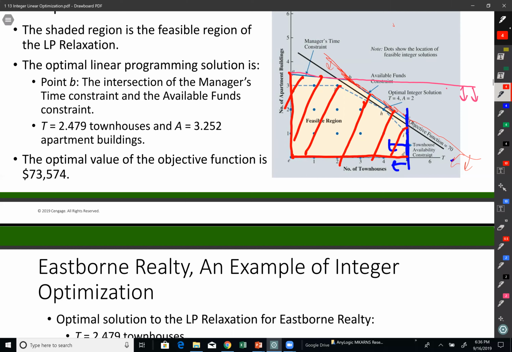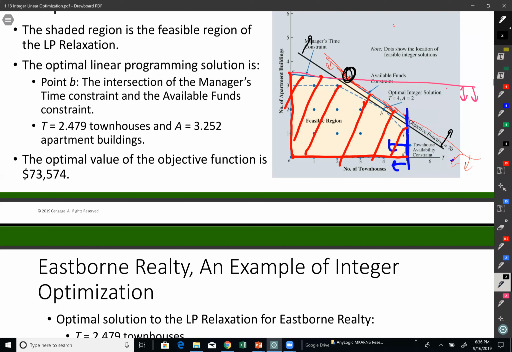In this feasible area, the optimal solution, if you do linear relaxation, would be B, because this is my objective function, the black line. If I move this outwards to maximize my problem, it will leave my feasible region at point B, which is the best solution if this was a linear program, LP.